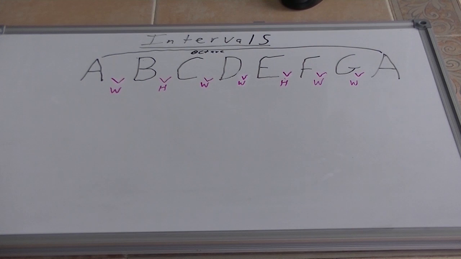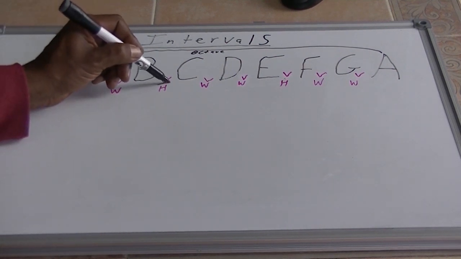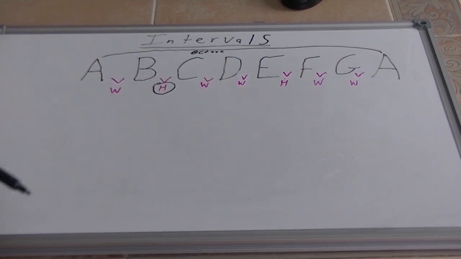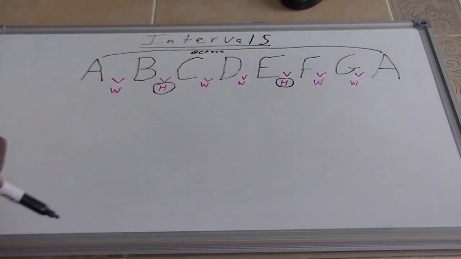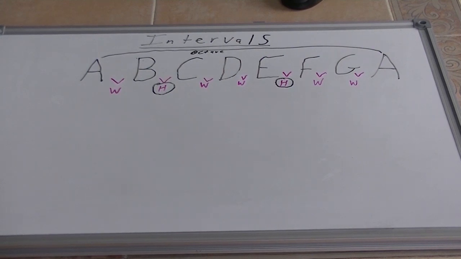And I think more importantly, what I can see is that the interval between the notes B and C is a half step. And I can also see that the interval between the notes E and F is also a half step. And everything else is whole steps.